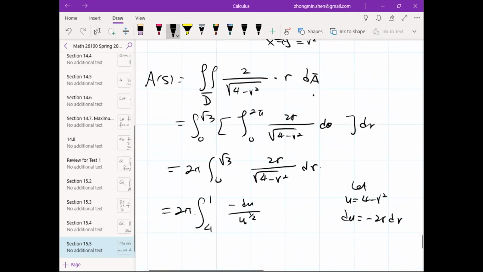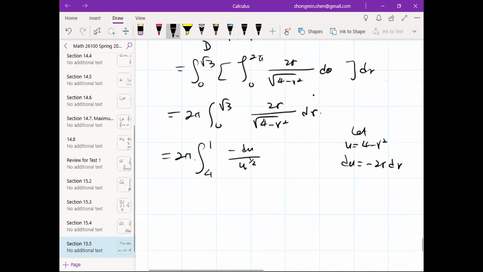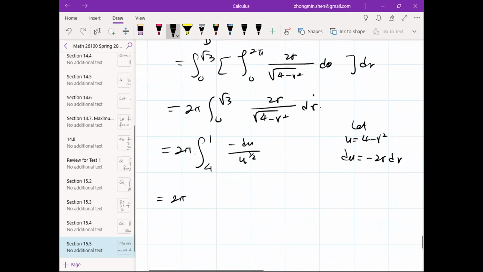Okay, and then you switch the order. Then you find the antiderivative of this function, u to the negative 1/2. I think twice of that. Yeah, and evaluate at the endpoints.